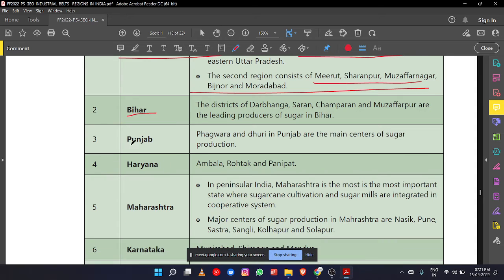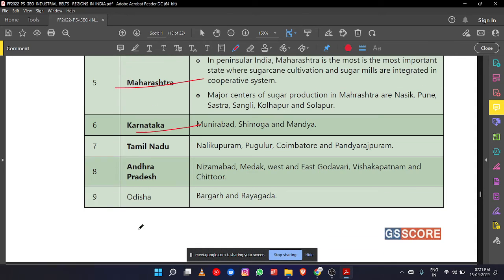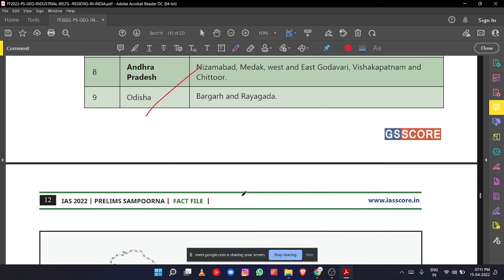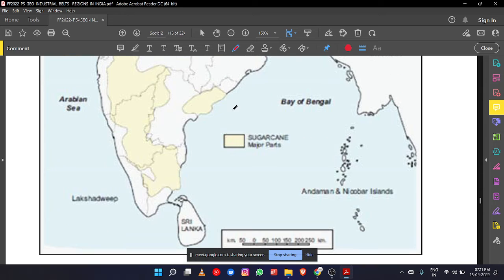So in Bihar, Punjab, Haryana, Maharashtra, Karnataka, Tamil Nadu, Andhra Pradesh and Odisha areas, it is produced. These are the major sugarcane producing areas.